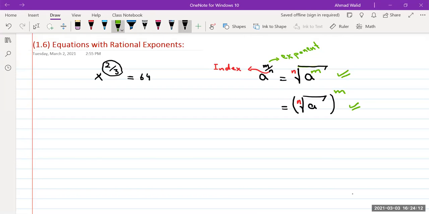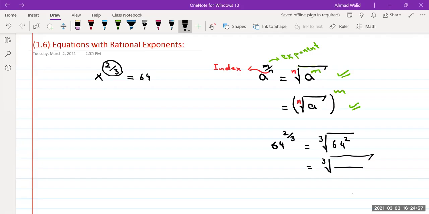For example, if I have 64 to the power of 2 thirds, I can write it as the cube root of 64 to the power of 2. To simplify here, I first have to square 64, whatever that number is, then take the cube root, and that will be my answer.